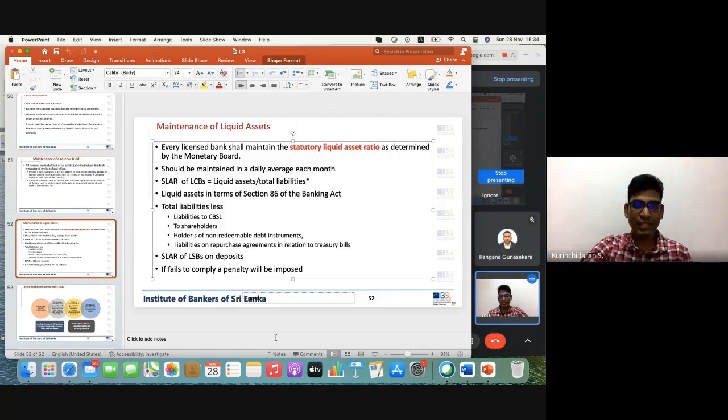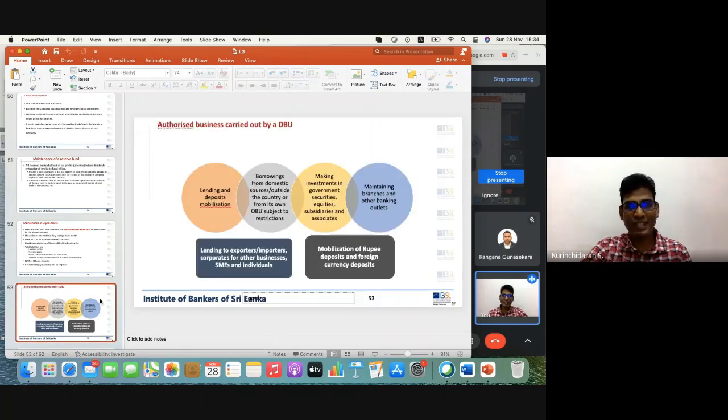The Banking Act gives the necessary details, and you can also see that many directions are issued on how we can operationalize this kind of requirement. And as I said earlier, you have two units. One is the DBU, the other is the OBU. DBU means domestic banking unit. The second one is the offshore banking unit.